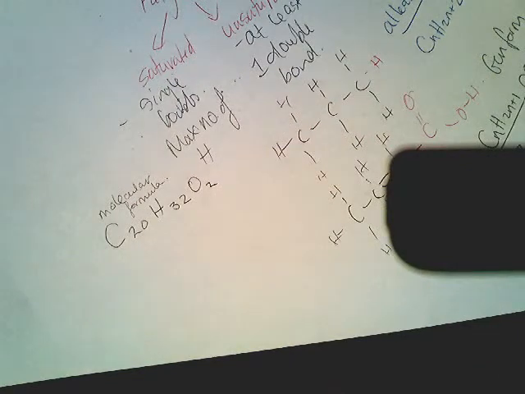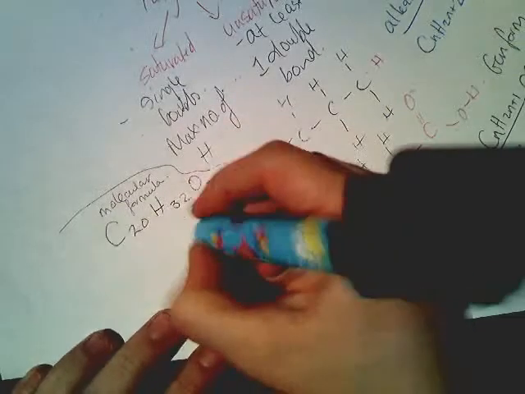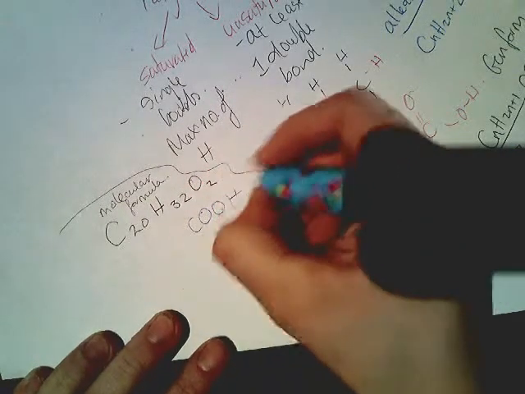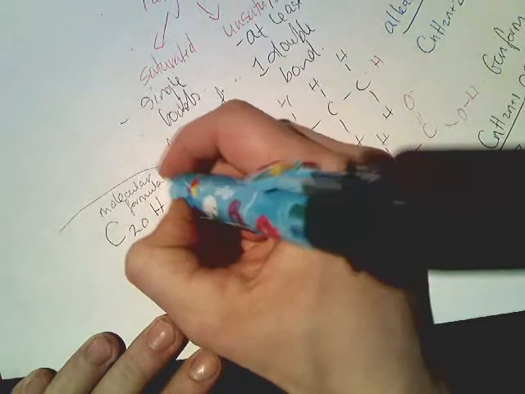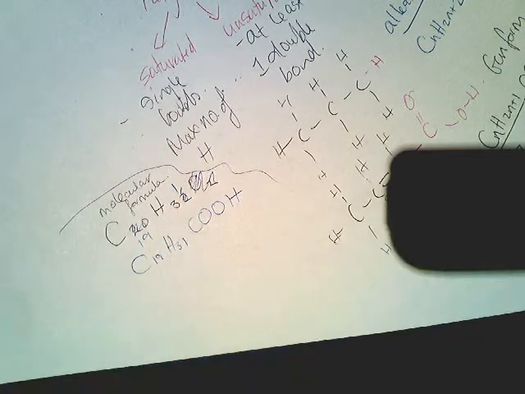But what you need to do is simply put this into the CnH2n plus 1 COOH form, and you'll be fine. So what we do to put it in that form is we have our COOH. Now, of course, when we add that, we've removed our oxygens, we've removed one hydrogen, and we've removed one carbon. So it becomes C19H31 COOH.